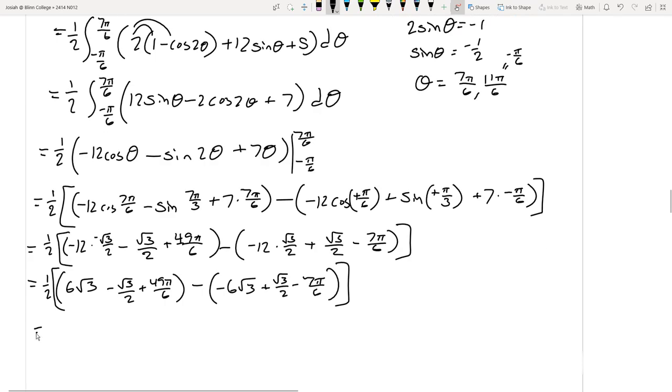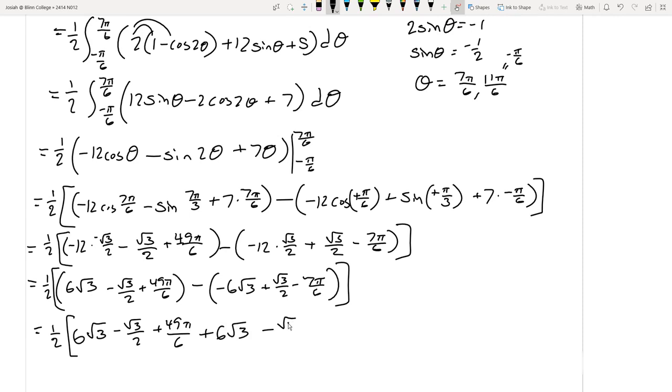Let's go ahead and distribute the negative, and we can start combining our terms here. So we've got 6 root 3 minus root 3 over 2 plus 49 pi over 6 plus 6 root 3 minus root 3 over 2 plus 7 pi over 6. And we didn't need the brackets anymore, so I'll go ahead and get rid of them, turn them into parentheses.